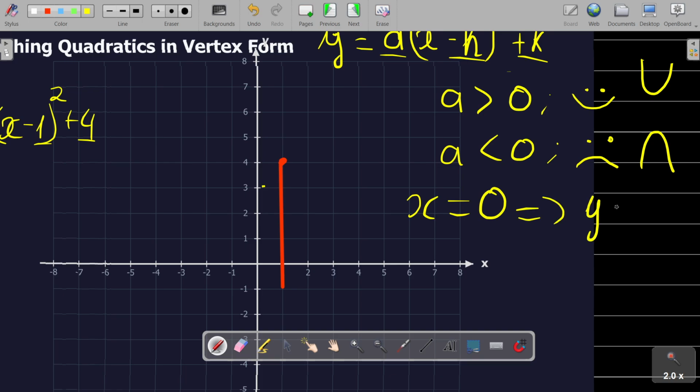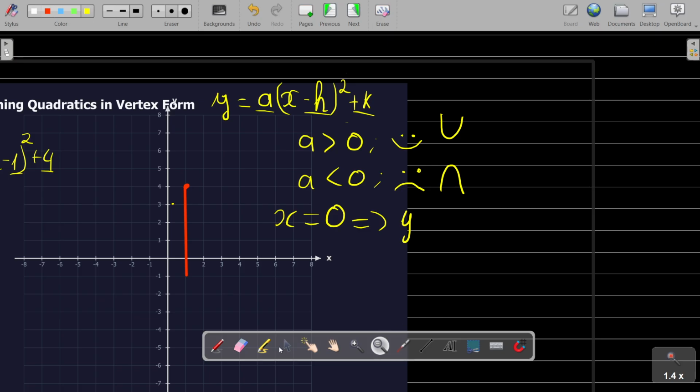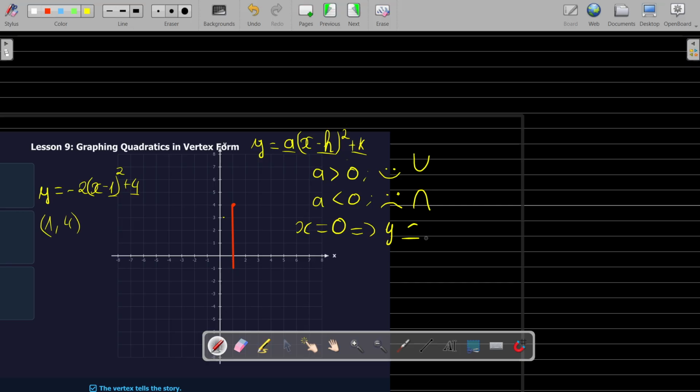It means that y will be equal to minus 2 times 0 minus 1 squared plus 4. This will be minus 2 plus 4, and this will be 2. So we found our first point: x equals 0, y equals 2. So we have plotted our point on the left here. Now because we have the symmetry, we want to make this a mirror, so put that on the right.